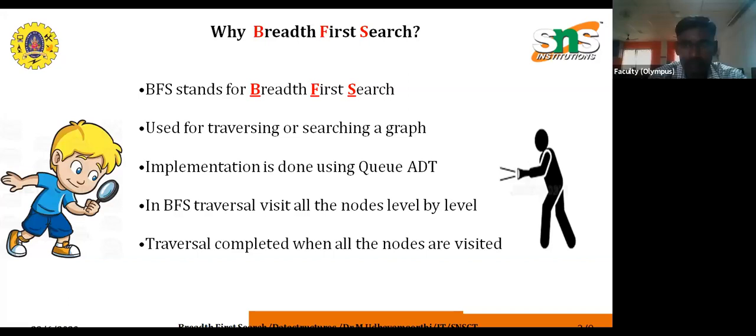So with the queue ADT, for the arrangement of the nodes and movement of the nodes, we are going to use the first in first out manner. The searching operations also follow the first in first out manner.